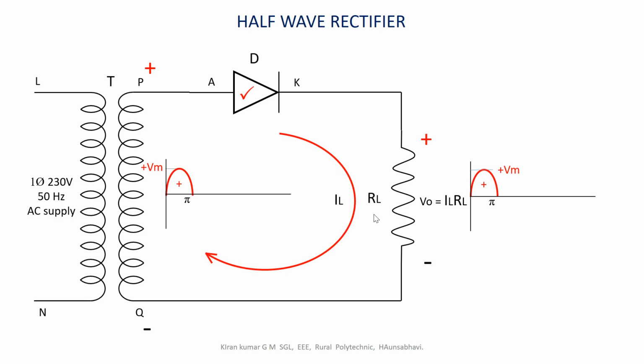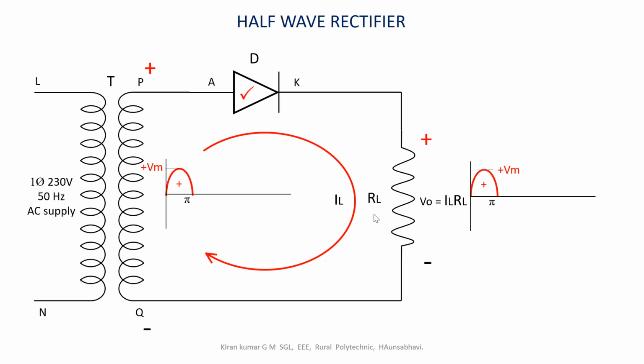Due to this configuration of the input polarities, the diode D will be forward biased during this positive half cycle, and the load current IL will flow through the circuit as indicated by the directional arrow.